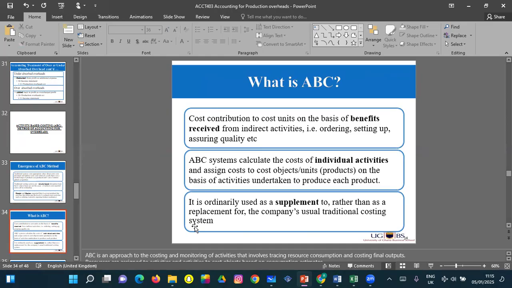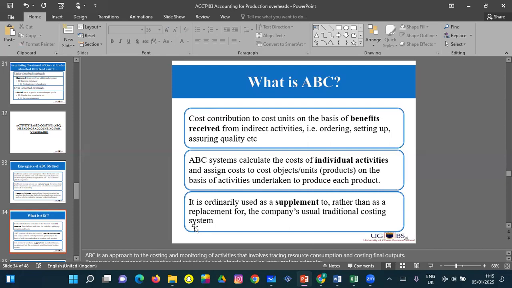That is ordering, setting up, and assuring quality. ABC systems calculate the cost of individual activities and assign them to cost objects or units on the basis of activities undertaken to produce each product. So each and every activity that has been undertaken is what they are going to charge. They don't just spread anything, right?